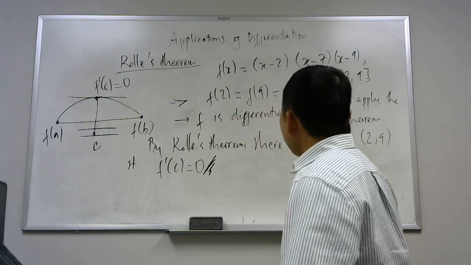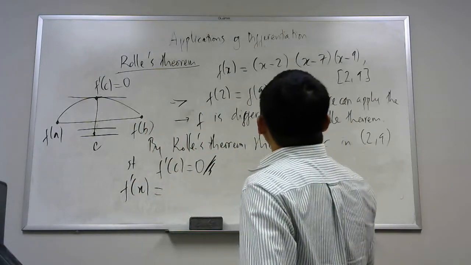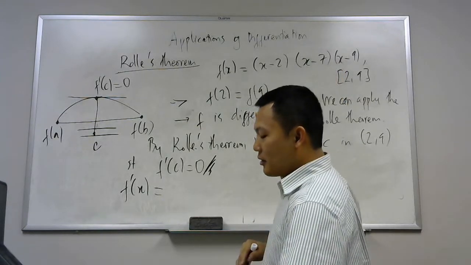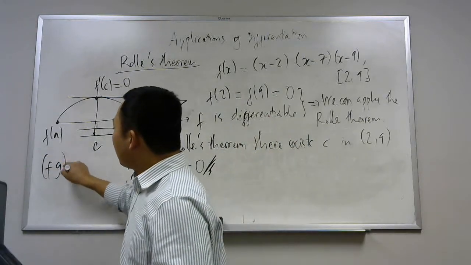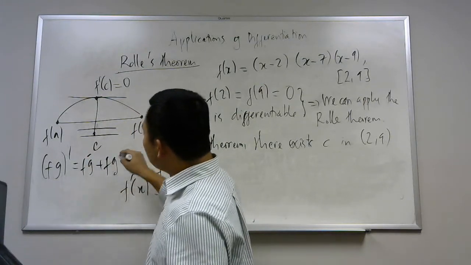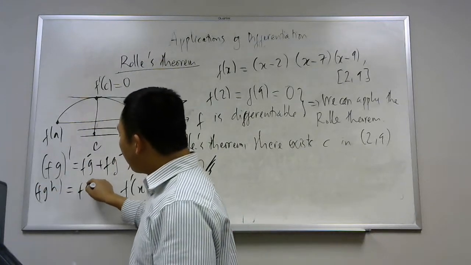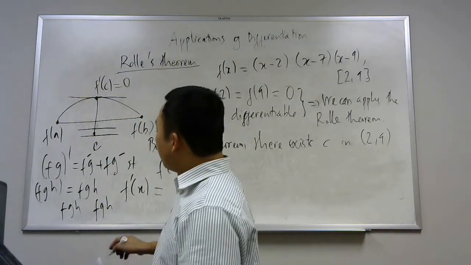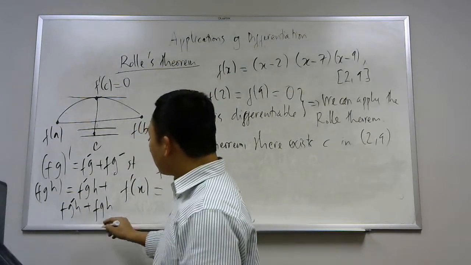Alright, so what is f prime? Here we have a product of functions. I hope you still remember when I taught these topics, right? If we have a product of two functions, you write the derivative as f'g plus fg'. If you have three functions, you do the same thing: you write f'gh, fg'h, fgh', and you move the derivative along f, g, and h, first plus second plus third.